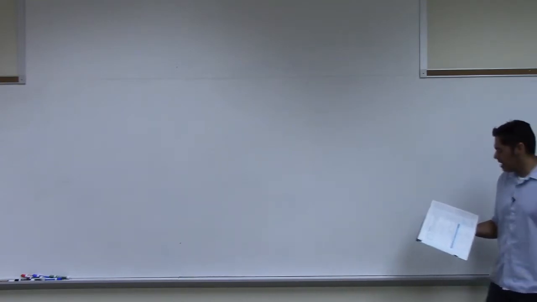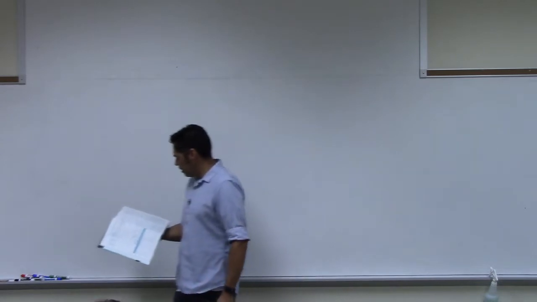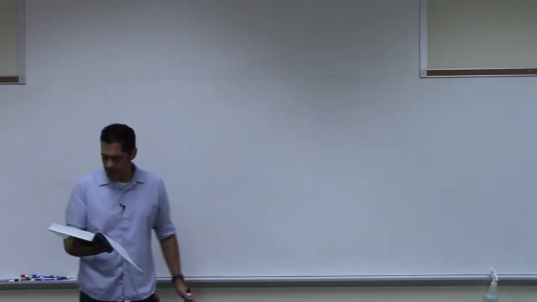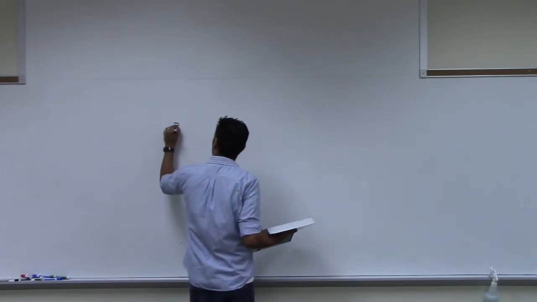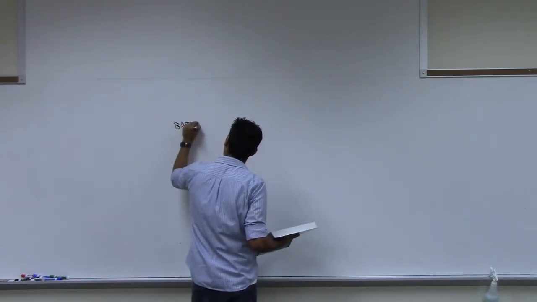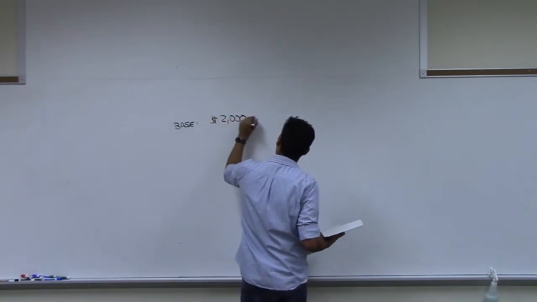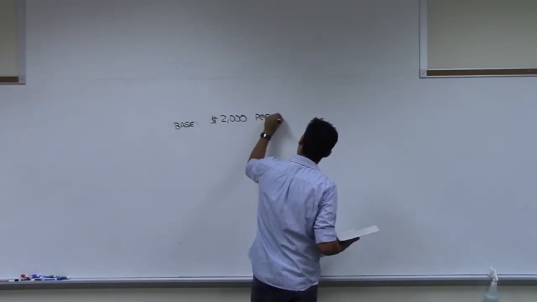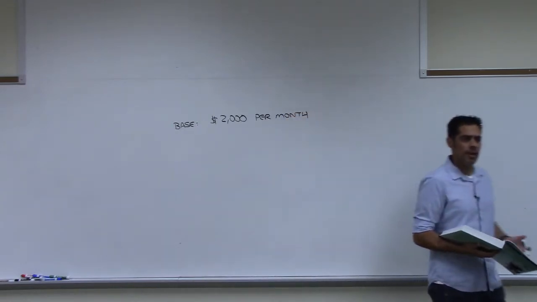Okay, 57, sales commission. One employee of a computer store is paid a base salary of $2,000 a month. So the base salary is $2,000 per month. What I'm doing is writing down the pertinent information, right?